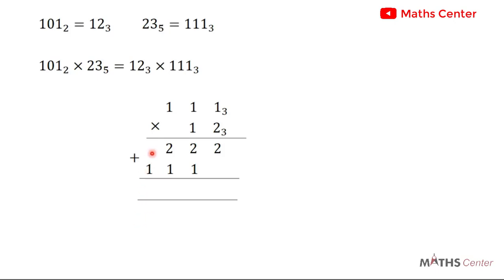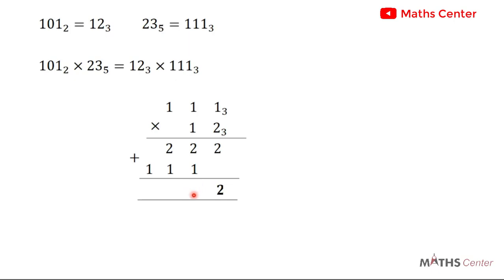So we can now add what we have here. 2 plus, there is no number here, which means that is 0. So 2 plus 0 gives us 2. 2 in base 3 is 2. 2 plus 1 gives us 3. 3 in base 3 is 1, remainder 0.